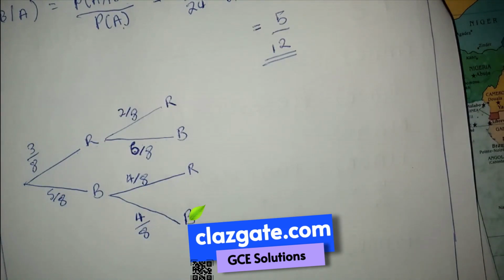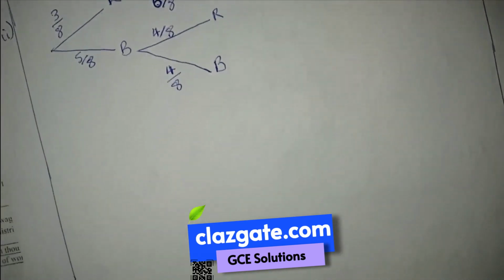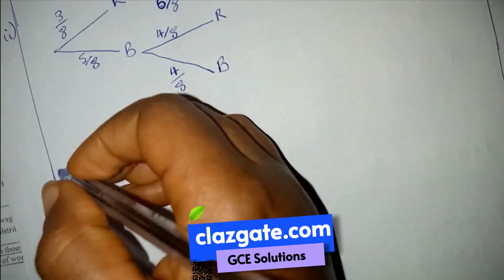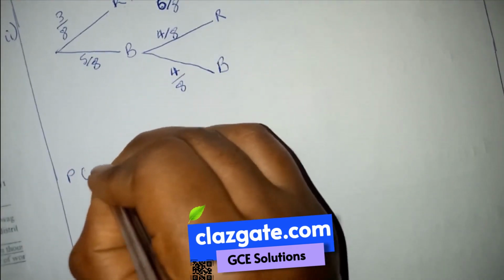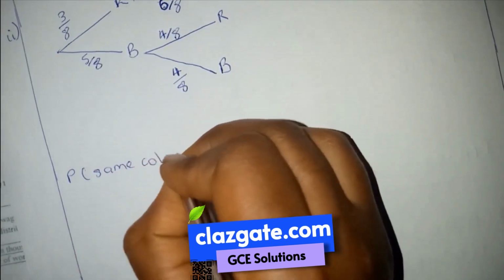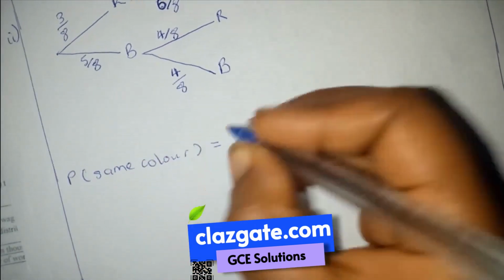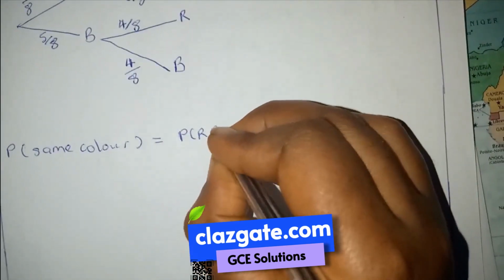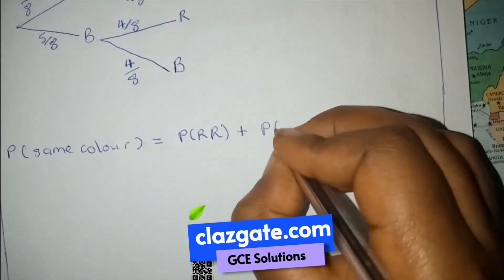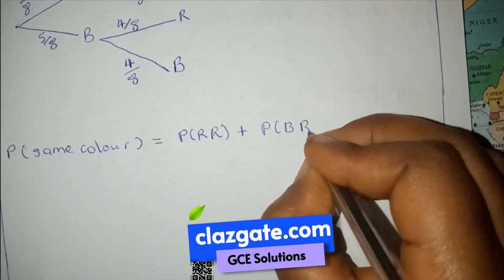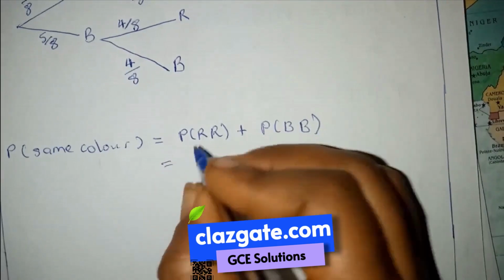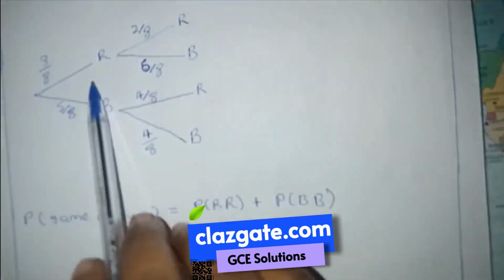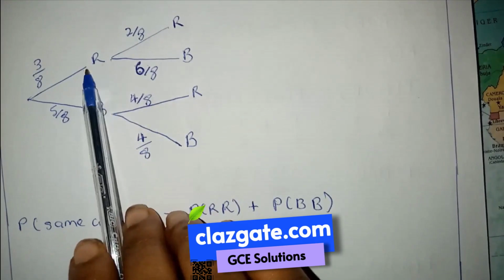So they have asked us to calculate the probability that both balls have the same color. That is given by the probability of selecting red first time and red second time, plus the probability of selecting blue first time and blue second time.